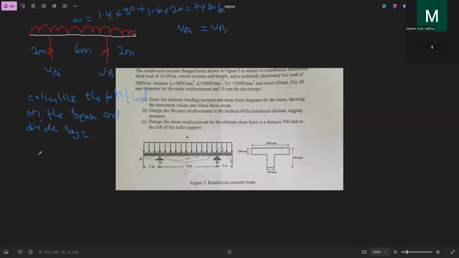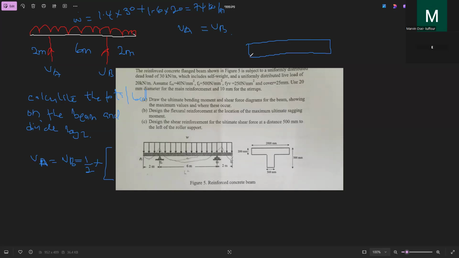Okay, so with this, VA is equal to VB is equal to half times the total load. This is a UDL, and to find the load of a UDL, you calculate the area under it, which is like a rectangle.